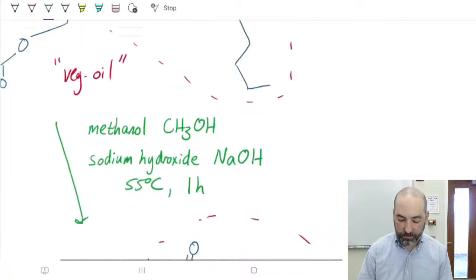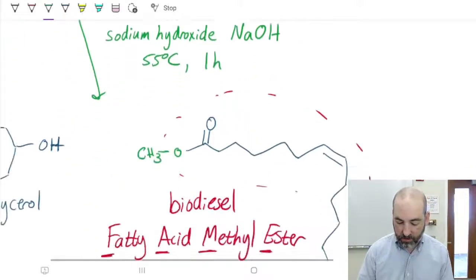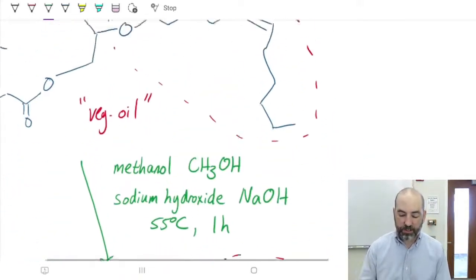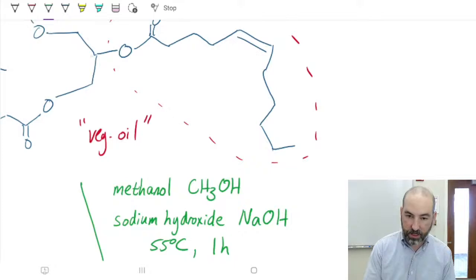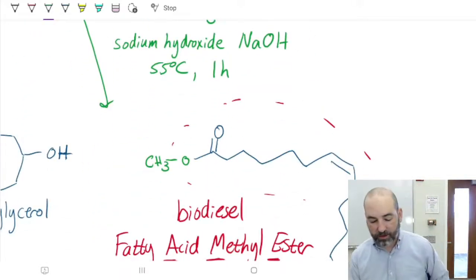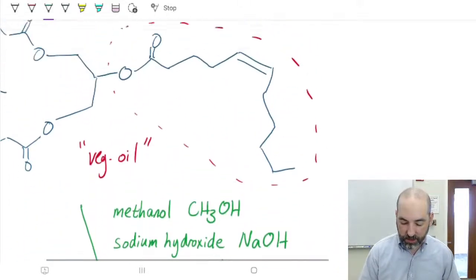So it's going from this type of connection to this type of connection, which, if you notice, is chemically very similar, right? COC, COC. So what's happening here is known as transesterification.